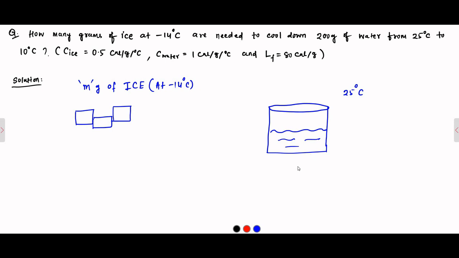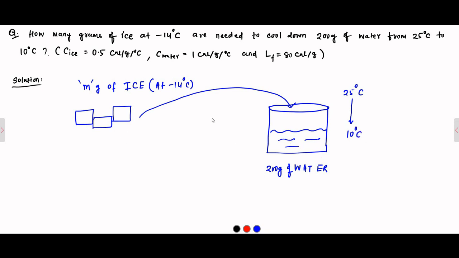Okay, this is 200 grams of water. Now when this ice is put into this container, the temperature of this water drops from 25 degrees Celsius down to 10 degrees Celsius.